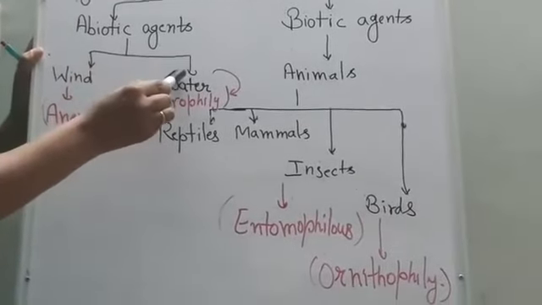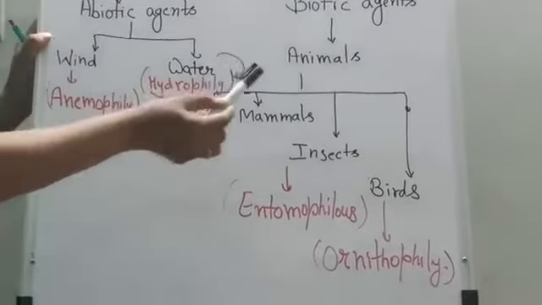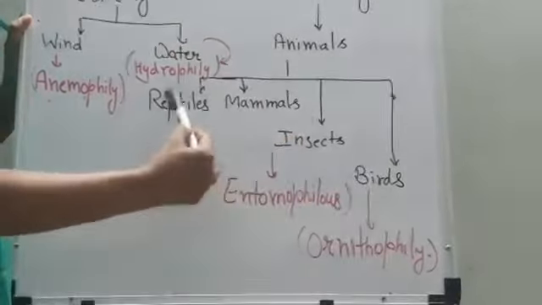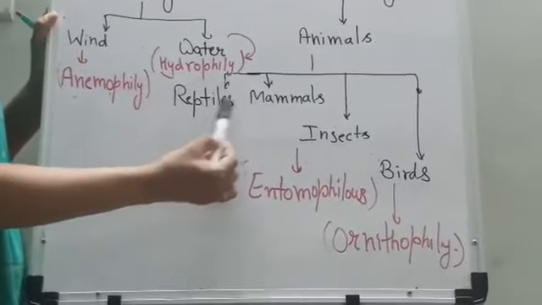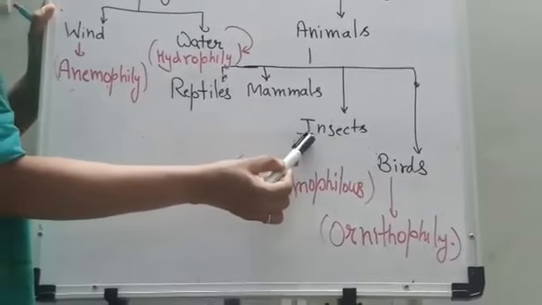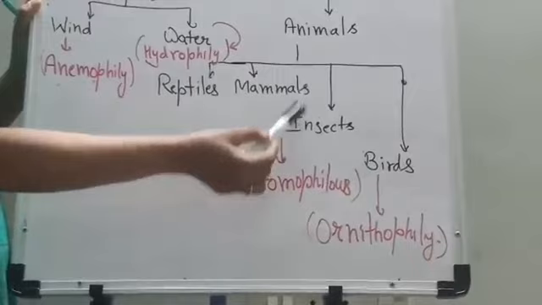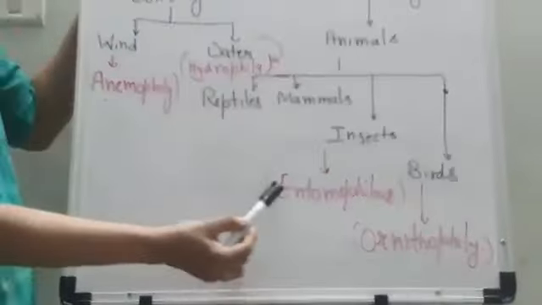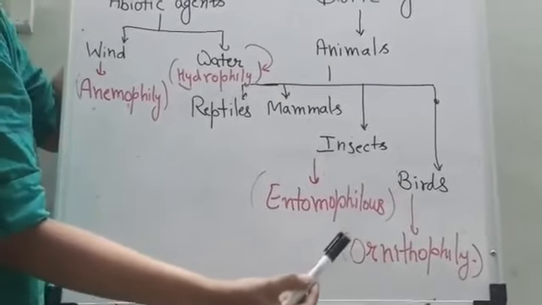Biotic agents are specific types of organisms: some by reptiles, some by mammals, some by insects, some by birds. Insect pollination is also called entomophily, and bird pollination is called ornithophily.